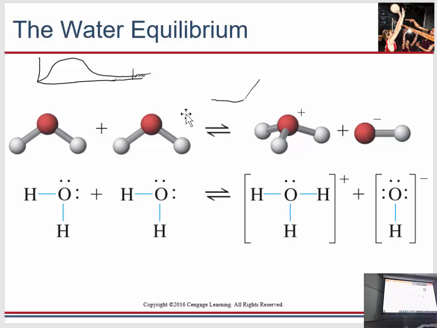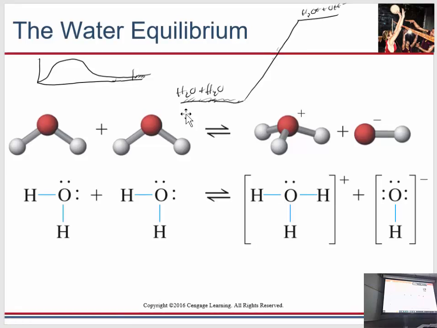This is extremely uphill. So if I have water plus water, and I have a billion bicyclists, out of a billion bicyclists, just maybe 4 can make it to the top to form H3O plus and hydroxide. Now, we're going to have a dynamic equilibrium, so there's always going to be about 4 up there. If these 4 drop down, another 4 will replace them, or if 1 drops down, 1 will climb back up.